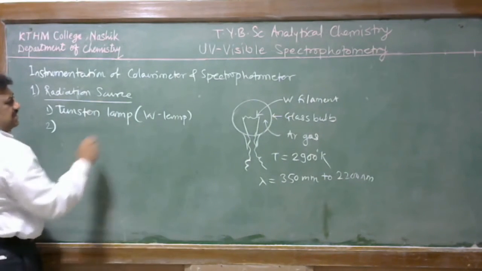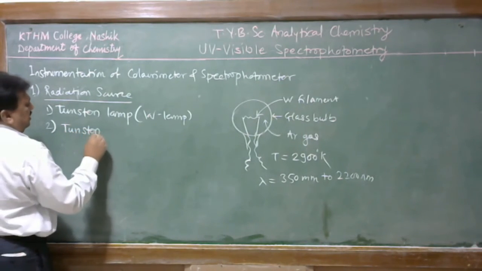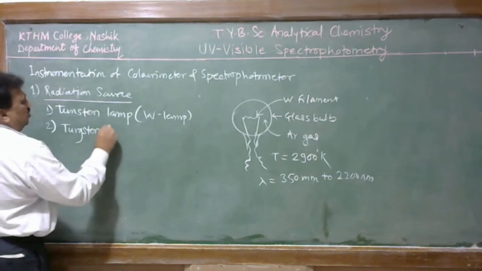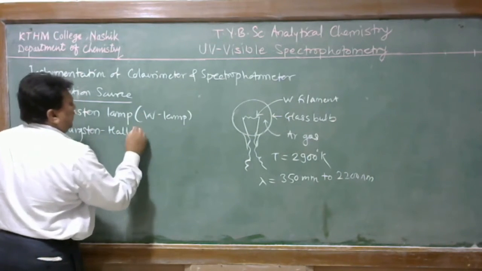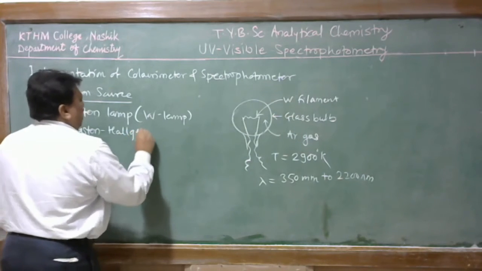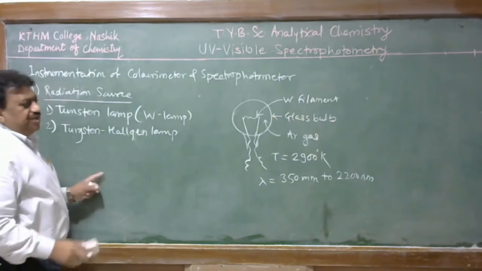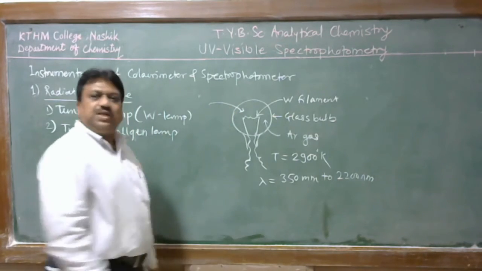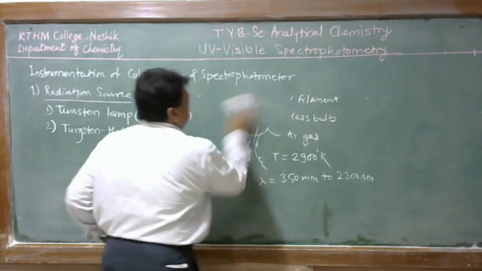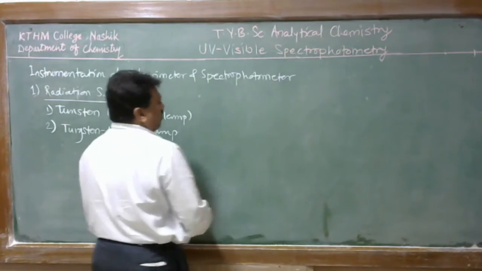Then there is some advancement done in this tungsten filament lamp, which is called the tungsten halogen lamp. In this case a provision is made to add iodine, and therefore this lamp is a little bit different from the household lamp.